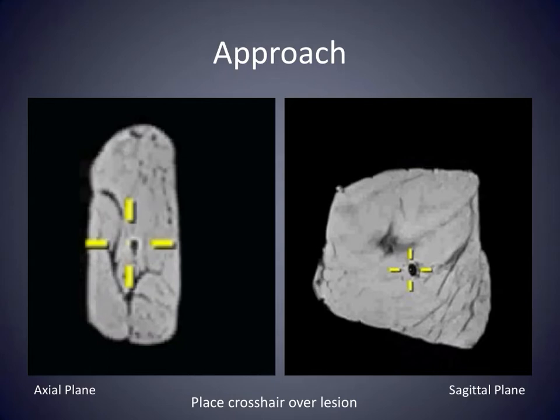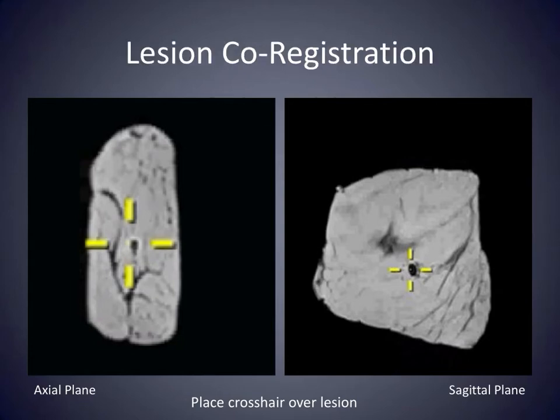We have the crosshair on the target lesion. Again, this phantom was placed in the right breast coil and we'll be approaching it from the lateral approach.